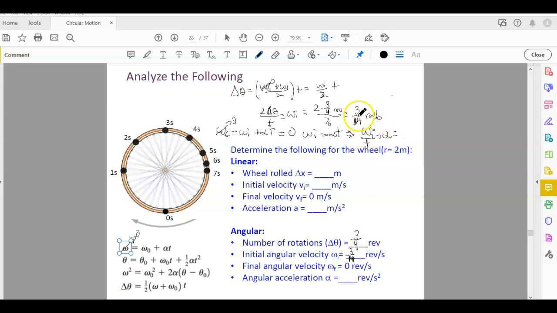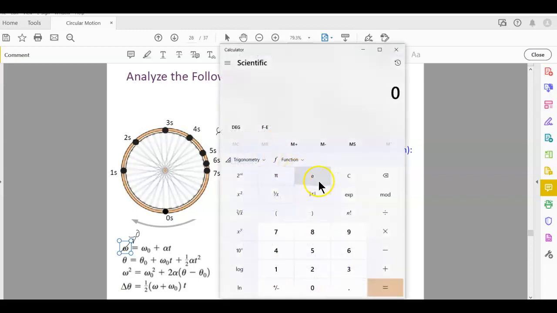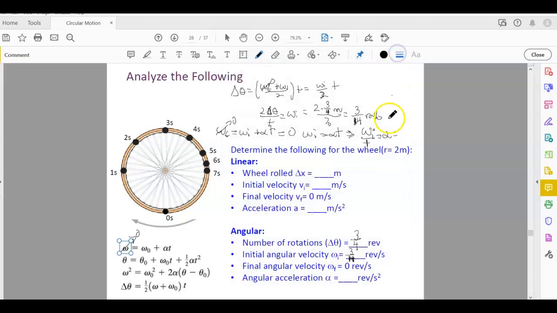Well, omega initial is 3/14, and the amount of time is 7, so 7 times 14 is going to be equal to 98. So this is going to be 3 over 98 revolutions per second squared.